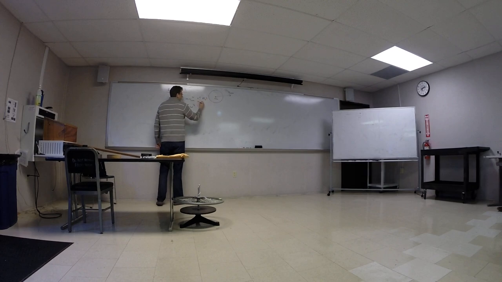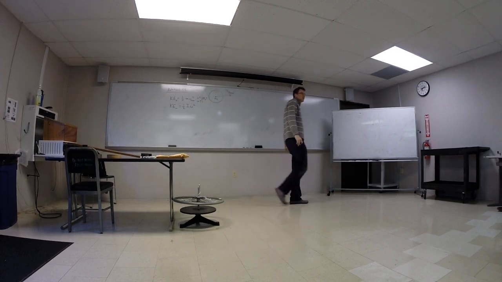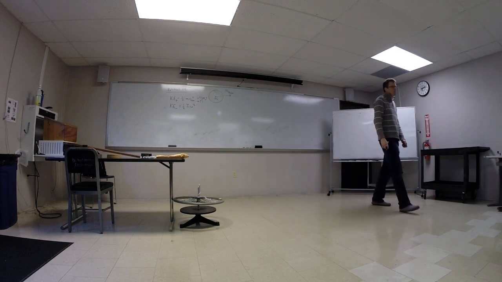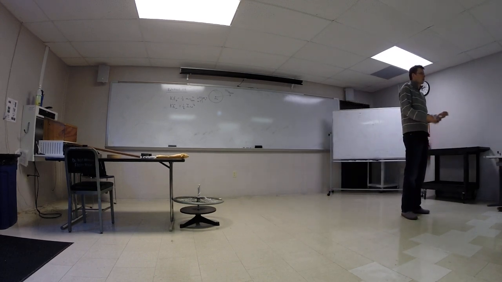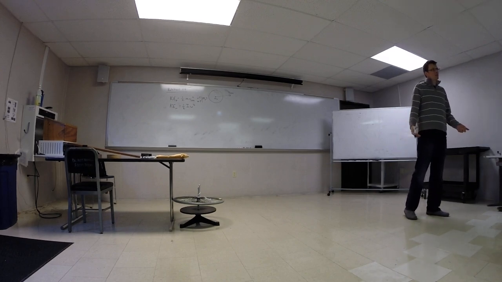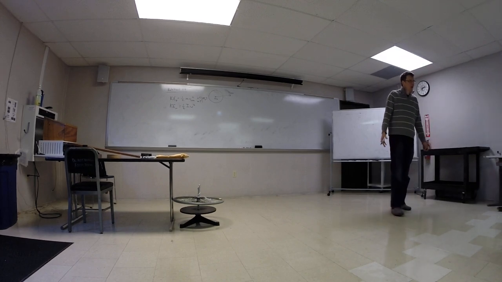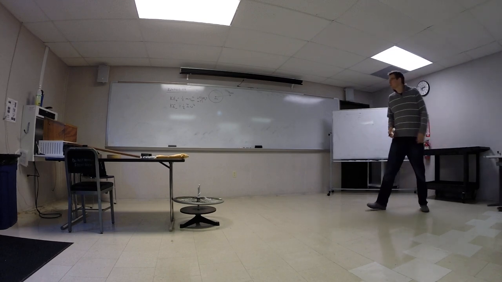And it's not just about speed, but also mass. So if you have a more massive object going at the same speed, it still has more energy. The example I gave before was that a truck going at 50 miles an hour has more kinetic energy than a mosquito going 50 miles an hour. Okay? So it's about how much mass you have and how fast that mass is going.